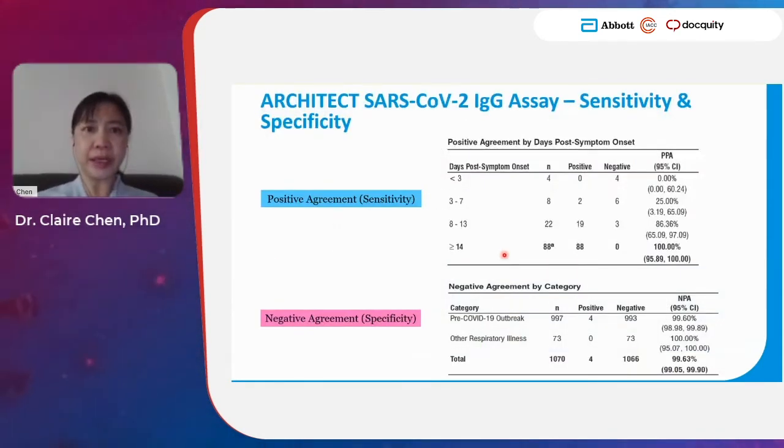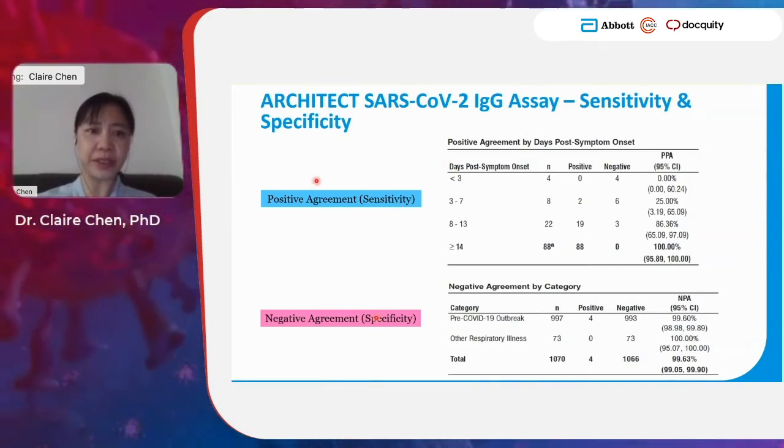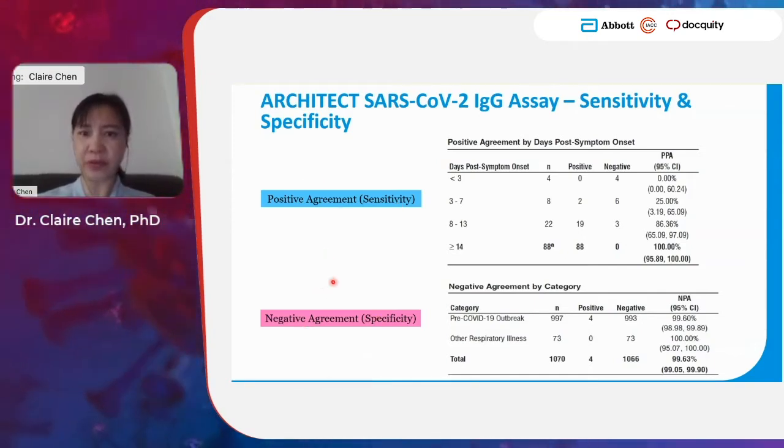This is regarding the performance of our assay in relation to sensitivity and specificity, or the positive agreement and negative agreement. In terms of sensitivity, our assay has 100% sensitivity for specimens above 14 days post-symptom onset.